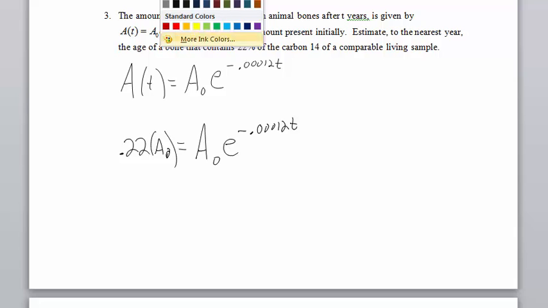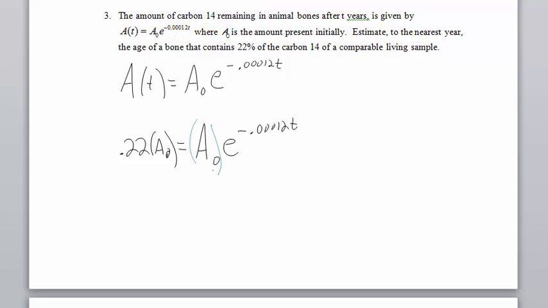If I had like 1,000 here, what's 22% of 1,000? It'd be 220 over here. So similar to the last problem, it'd be 220 equals 1,000 e to the negative 0.00012t, and then I divide both sides by 1,000, and I get 0.22.